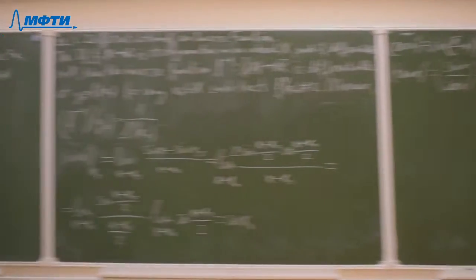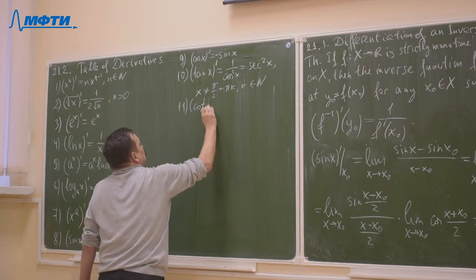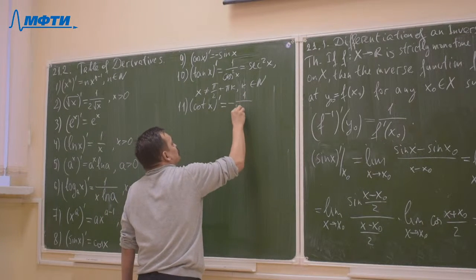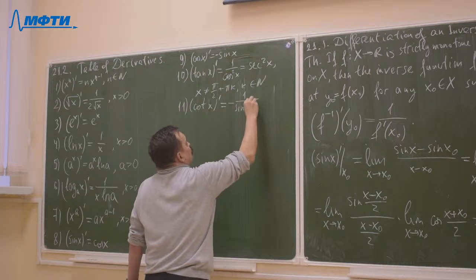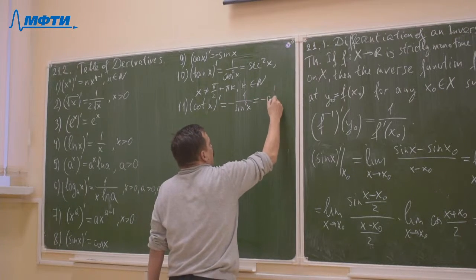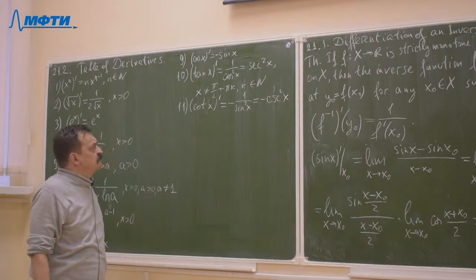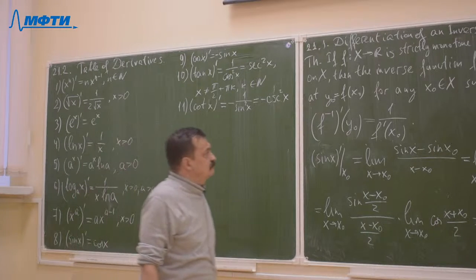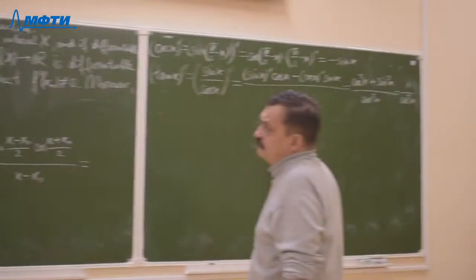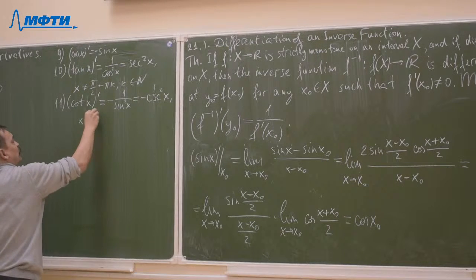11th, cotan prime is minus 1 over sine squared x, or minus cosecant squared x, in fact. Again, I forgot to put restrictions here: x not equal to pi n.